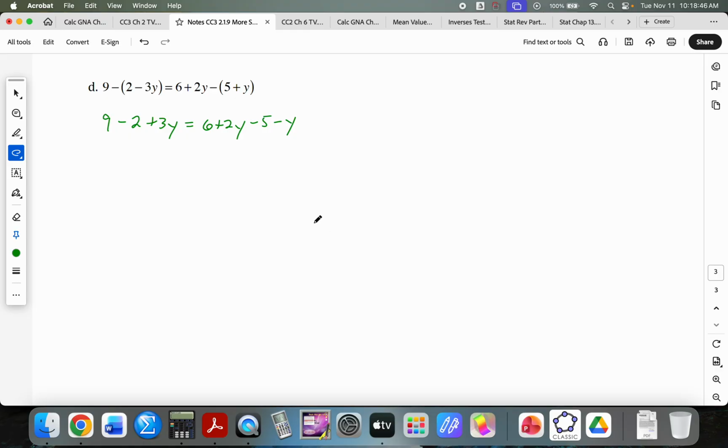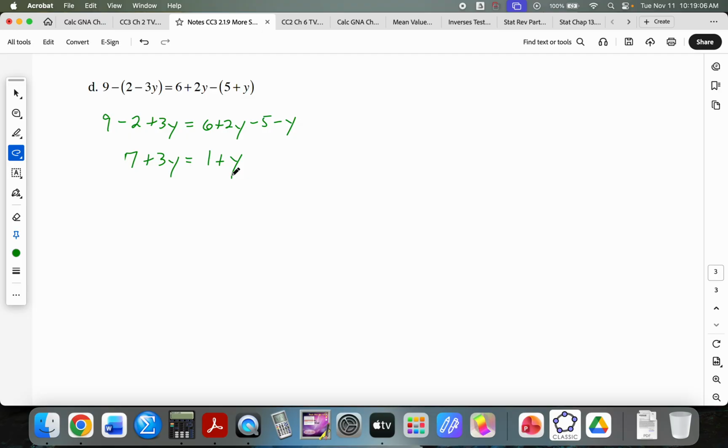Exactly right, minus 5 minus y. Simplify before you start making zero pairs. So this is going to be 7 plus 3y is equal to 1 plus y.